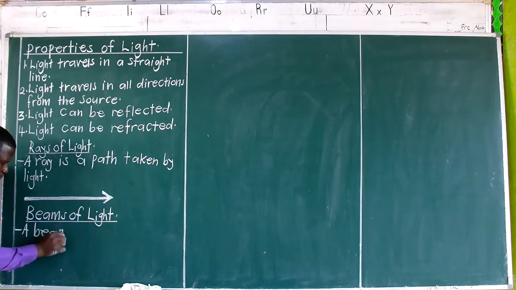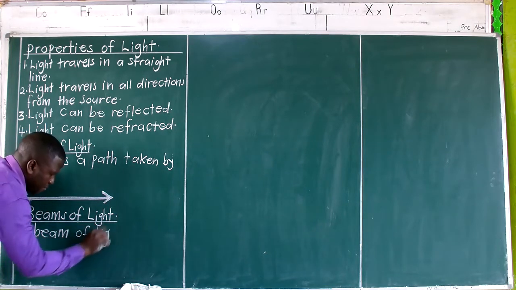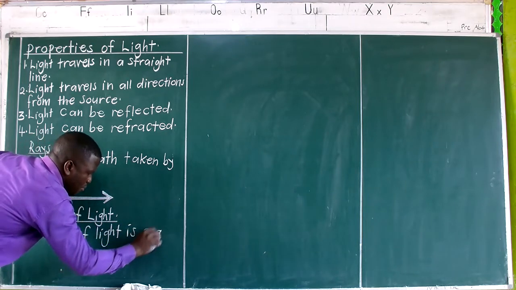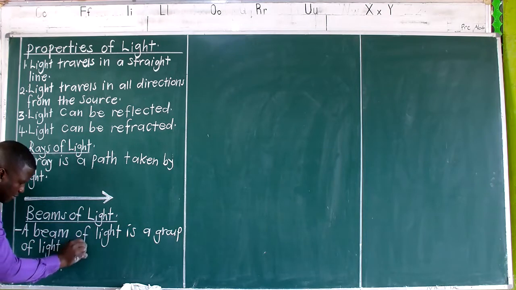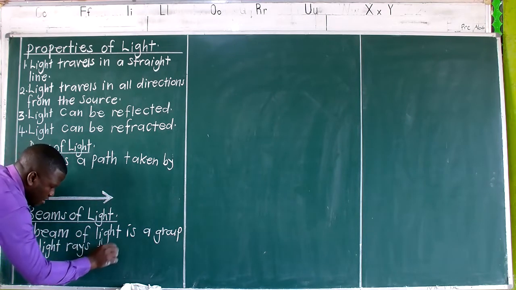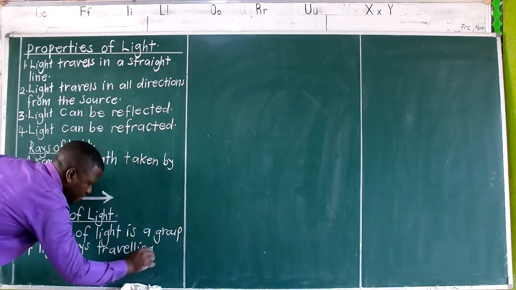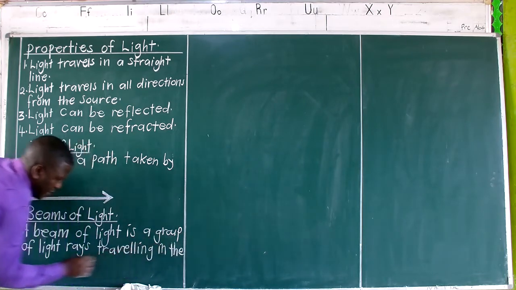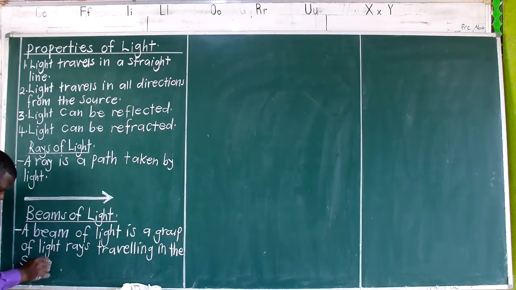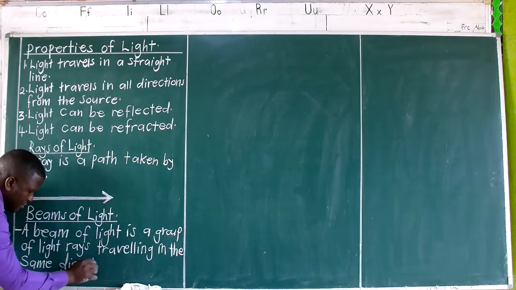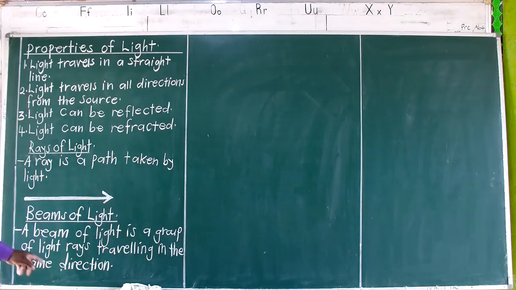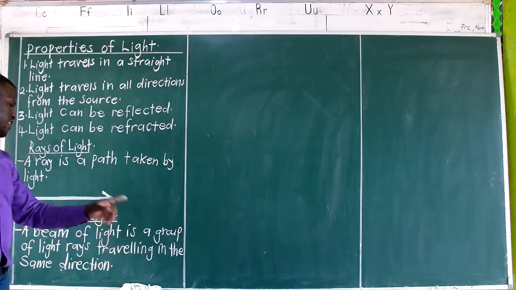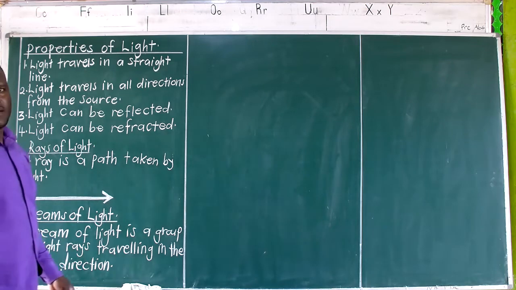A beam of light is a group of light rays traveling in the same direction.